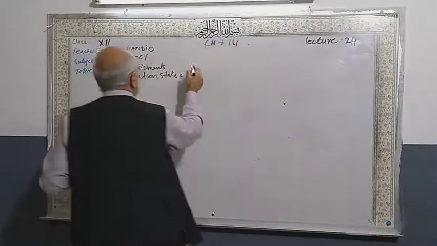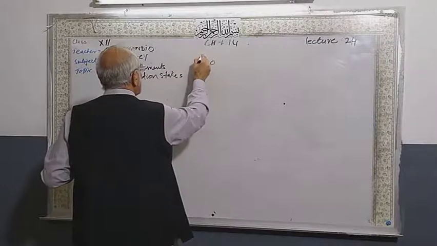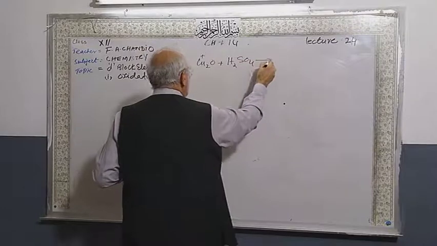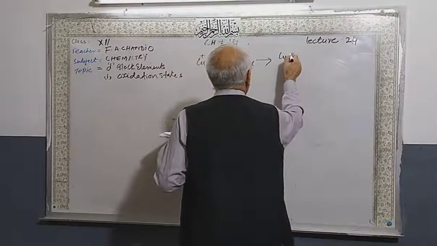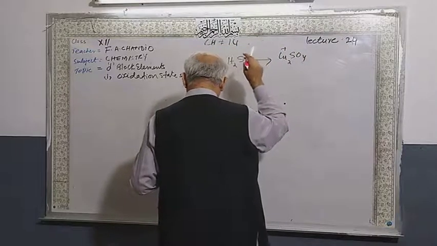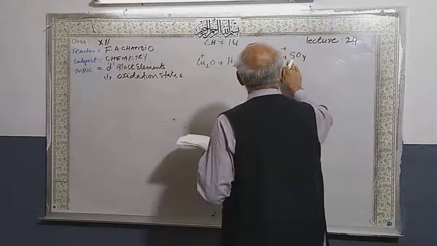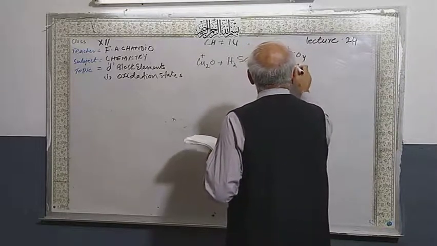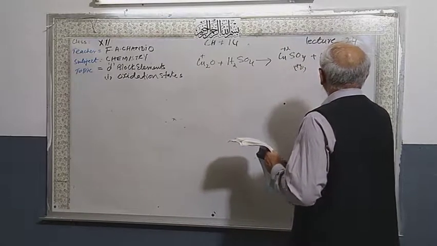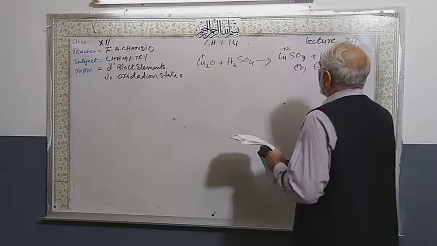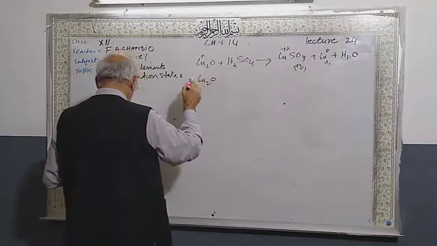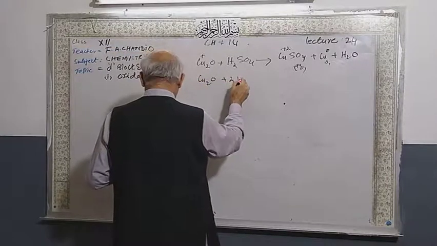So this is cuprous oxide plus sulfuric acid to give cuprous sulfate, aqueous copper sulfate and copper 0 solid plus water. This is one chemical reaction, and the second is cupric oxide plus 2 hydrogen.